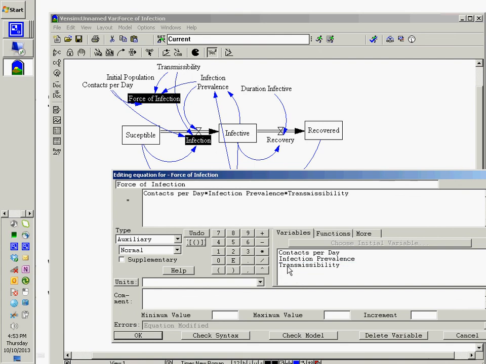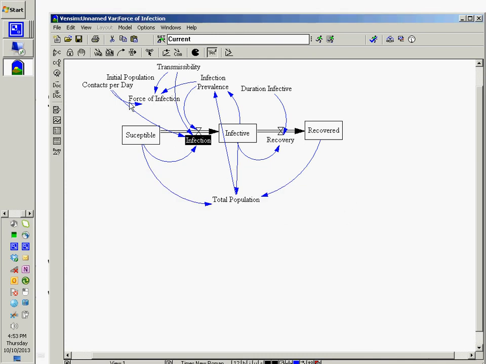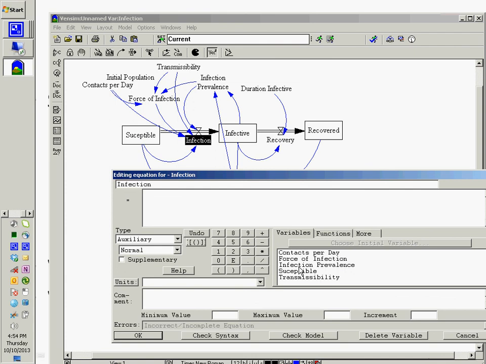Okay, so ladies and gentlemen, let us now complete the loop. From force of infection to infection here, we have an arrow. And now we can go and edit infection. And what does infection now depend on in this refactored system? Susceptibles and force of infection.